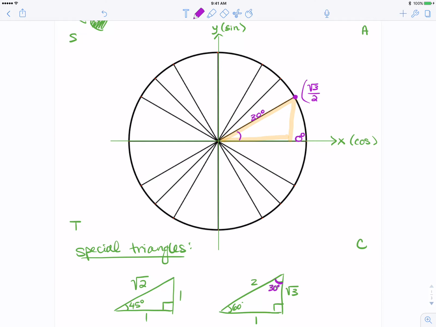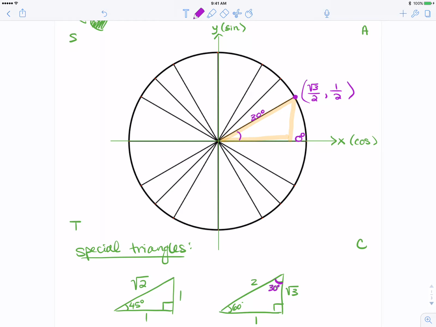That's cos. Now, why did I write it as that here? If I look from 30 degrees, the sine of 30 degrees is opposite over hypotenuse. So that will be my 1/2. Again, why did I write it cos comma sine?